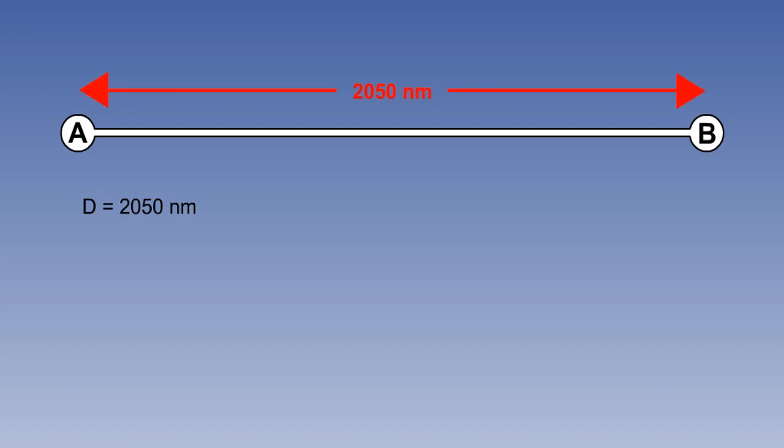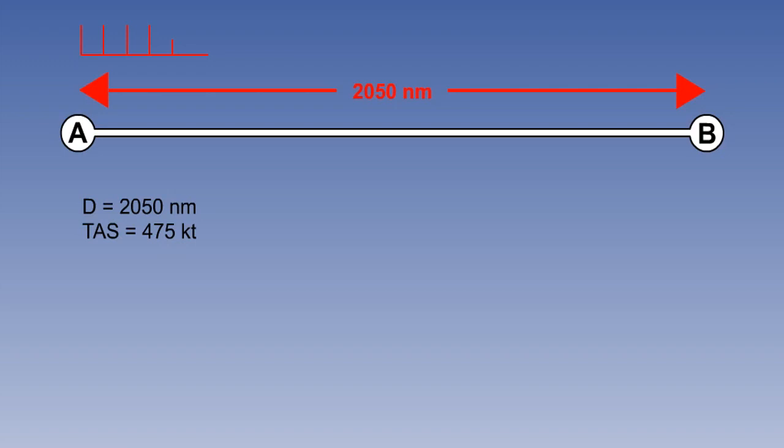We have a route distance of 2,050 nautical miles, from last point of diversion A to next available diversion B. The aircraft's true airspeed is 475 knots. When we start off, the wind component is 45 knots tail. We're going to assume that the wind changes approximately halfway along the route, close to where the point of equal time occurs.